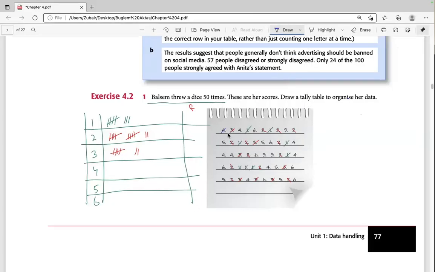Then fours: 1, 2, 3, 4, 5, 6, 7, 8. Fives: 1, 2, 3, 4, 5, 6, 7, 8. Now sixes: 1, 2, 3, 4, 5, 6, 7.